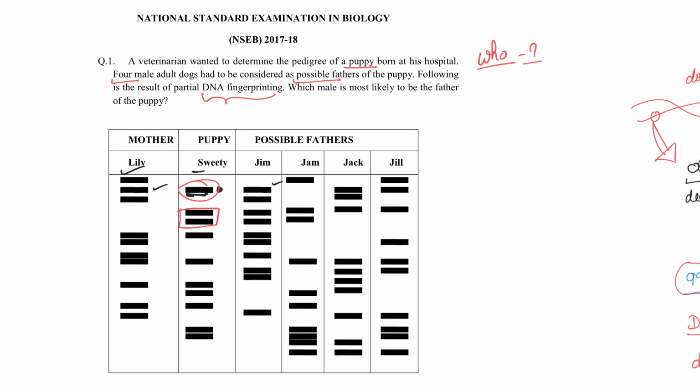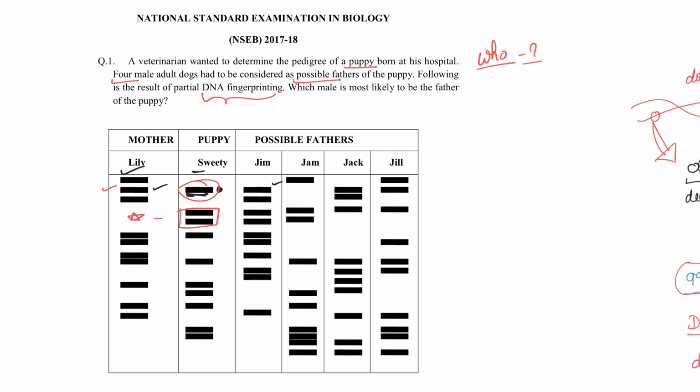Why? See, why I'm saying that that's not important, because it's already present in the mother. So if it's found in the father or not is not really helping us, right? Now, we are interested in fragments that are found in the puppy but not found in the mother, because in that way they must come from the father.